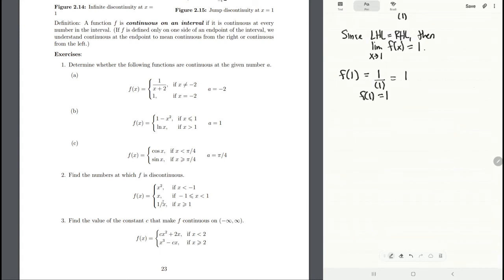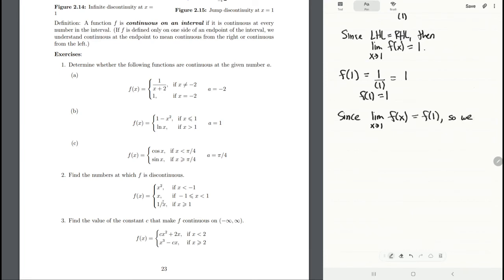The last thing to check is if the two-sided limit is equal to the function value at 1. What we see is that the limit as x approaches 1 of f of x is equal to f of 1.